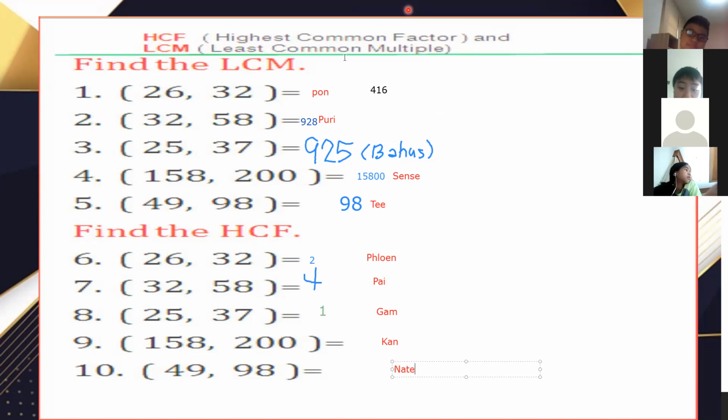So the answer in number 1 is puri, 928. Is this correct?